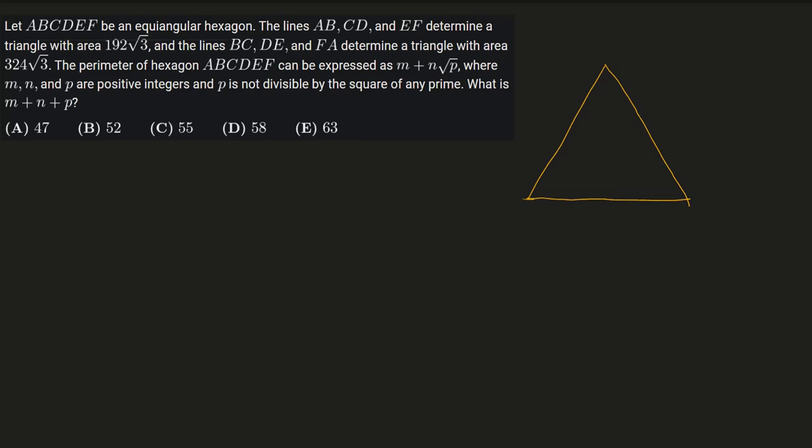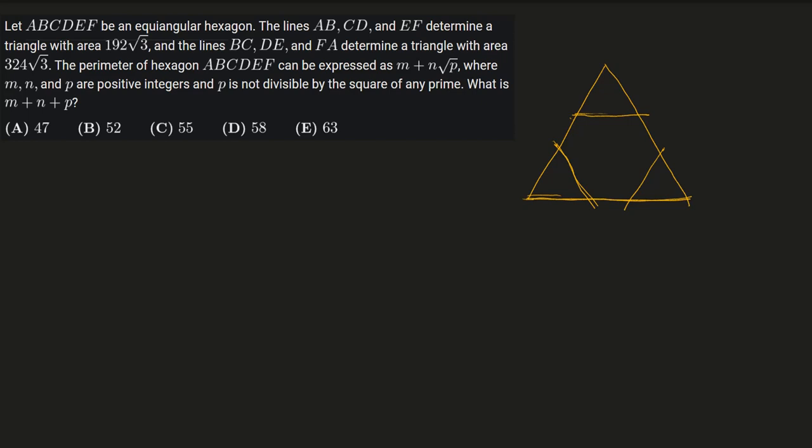I draw a parallel line in here, which is parallel to this line, and another parallel line in here, and the same thing in here. So this gives us either a regular hexagon or an equiangular hexagon, right?